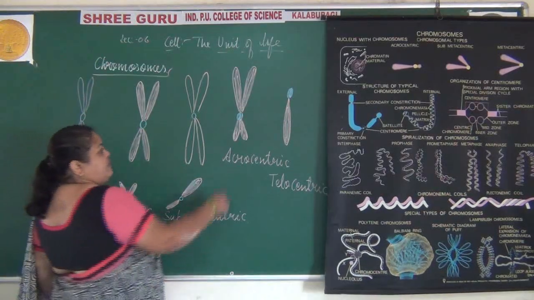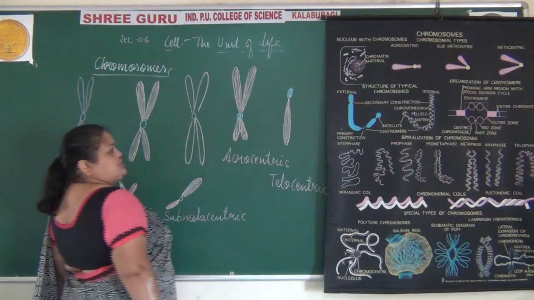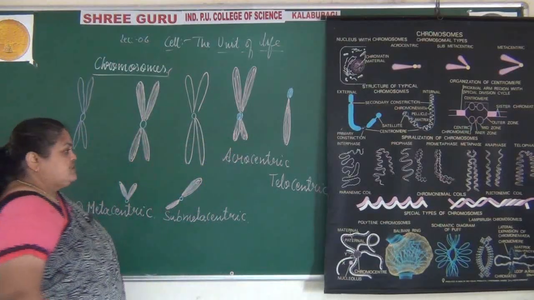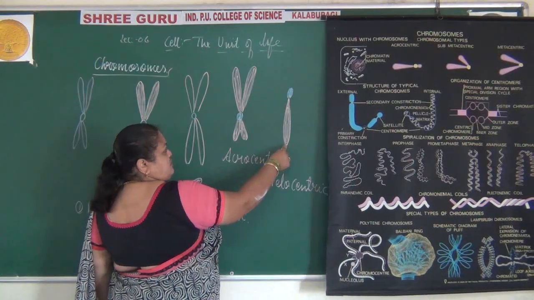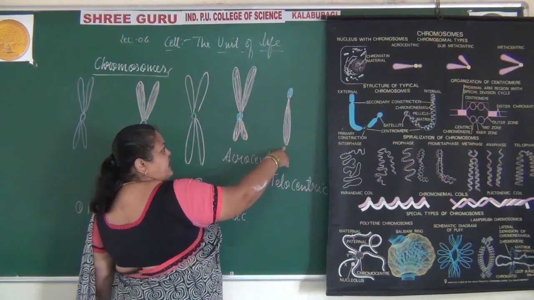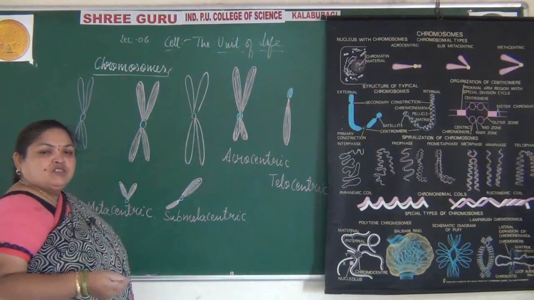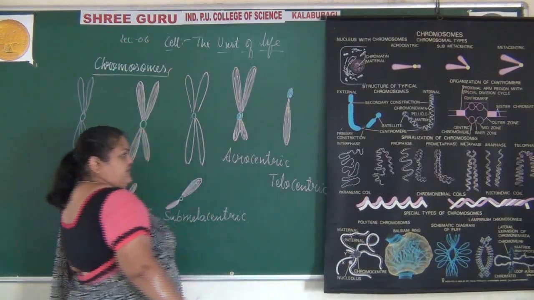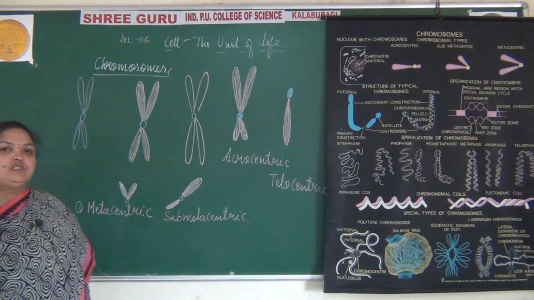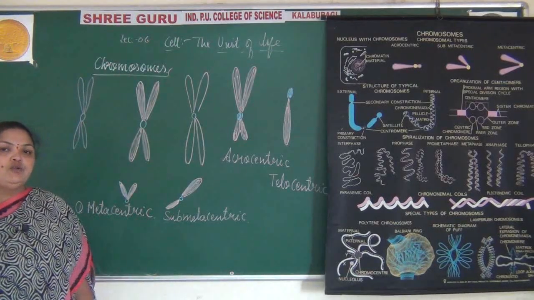In the third type, where you will see a very long arm and a very short arm, that is known as acrocentric. In some cells you can find that the chromatid has only one arm. There is absence of another arm, that is the telocentric. So based on the position of the centromere, they are classified into four types.